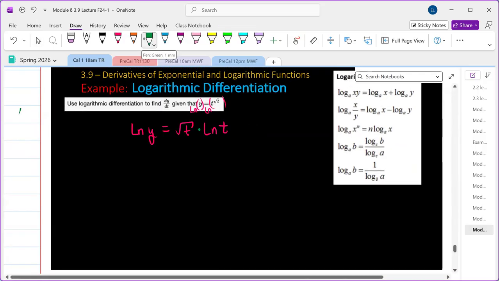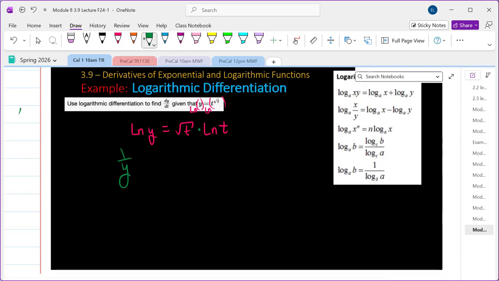So the derivative of natural log of something is 1 over something times the derivative of something, which is dy dt. All right, square root of t, I'm going to come back in here and change that to the 1/2 power. So we have t to the 1/2 times the natural log of t. So we have to use a product rule for our derivative here now.